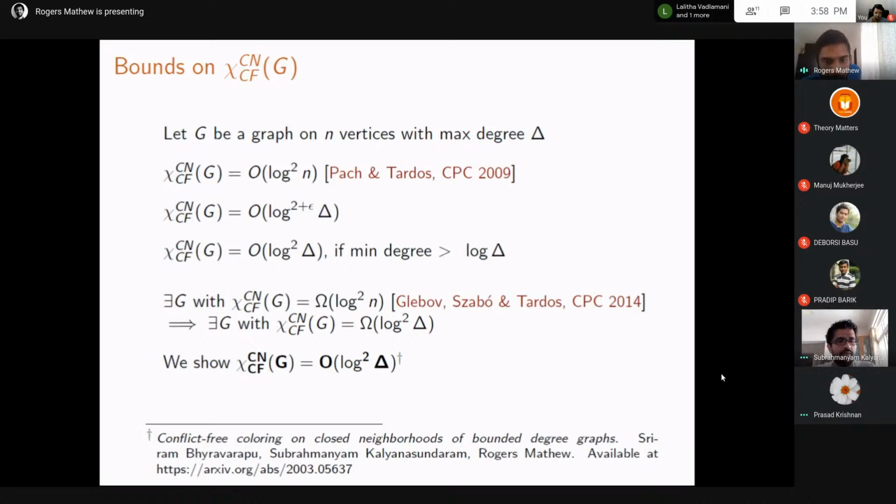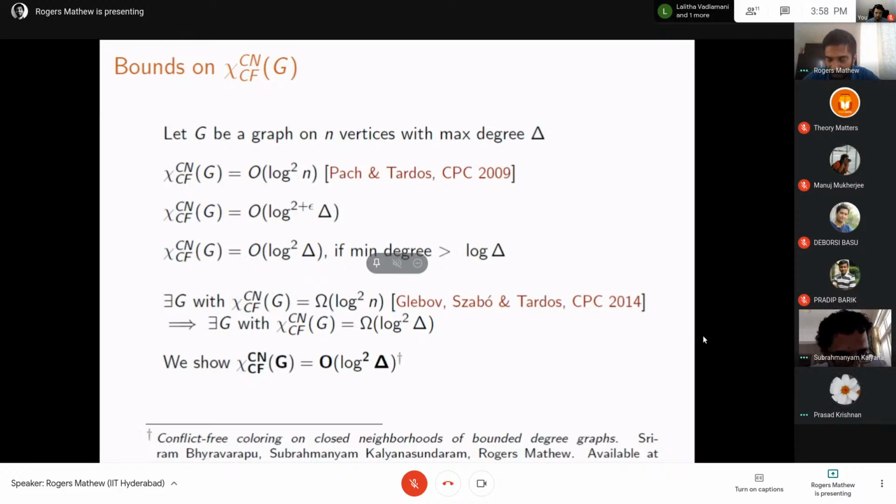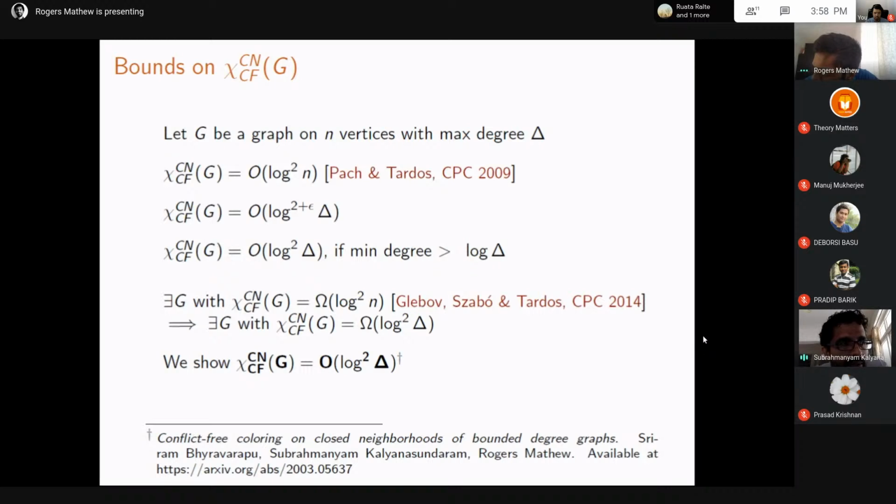So an upper bound for open neighborhood also serves as an upper bound for closed neighborhood. So what I said was right: this tree width bound also works for closed neighborhood. And in terms of other structural parameters, there were results due to others as well as due to our own set of authors in this paper, with parameters like tree width and distance to cliques.